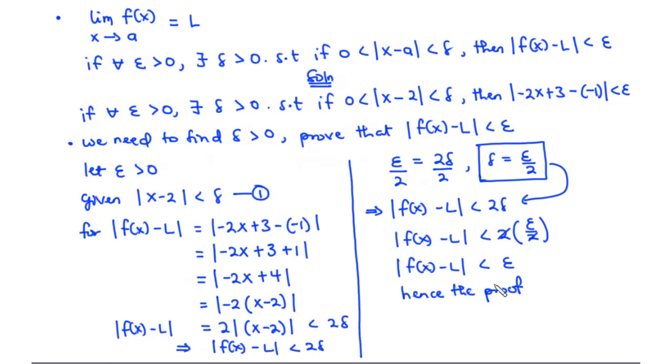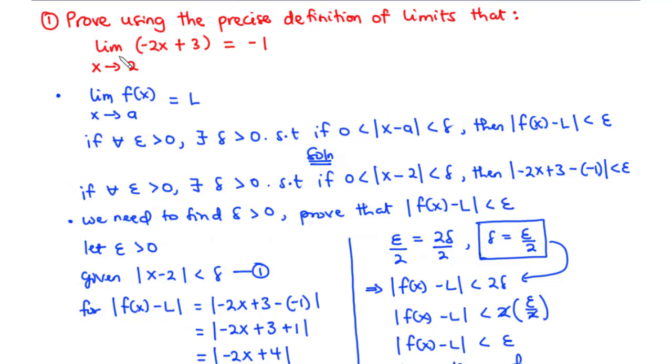At the end of the day, we've been able to prove that if the limit of this function as x approaches 2 is equal to -1, then for all epsilon greater than 0, there is a corresponding delta greater than 0, which we have here, such that if 0 is less than the absolute value of x minus 2 is less than delta, then we have the absolute value of f of x minus L to be less than epsilon.